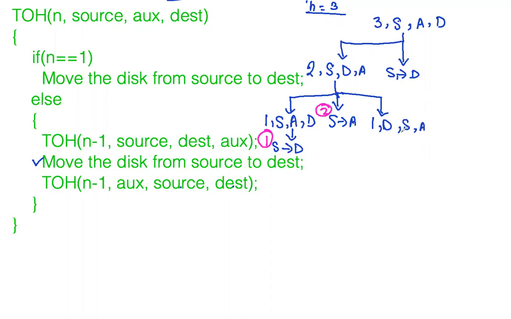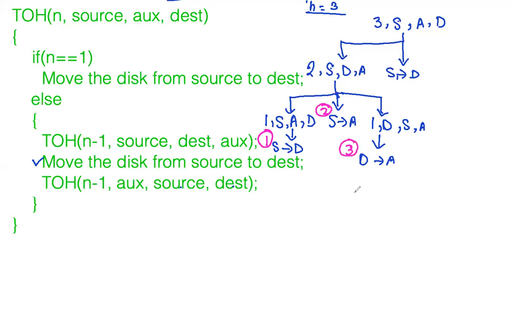A. So when this part is recursively called, it becomes n equals 1, and then this transforms into move the disk from source to destination. So the source is D and the destination is A, so it will be D to A. And this is going to be my third step.